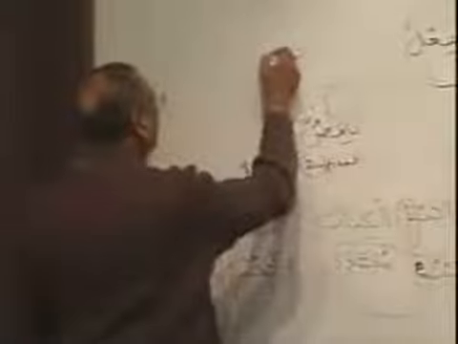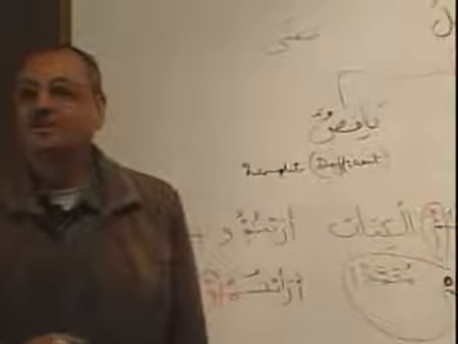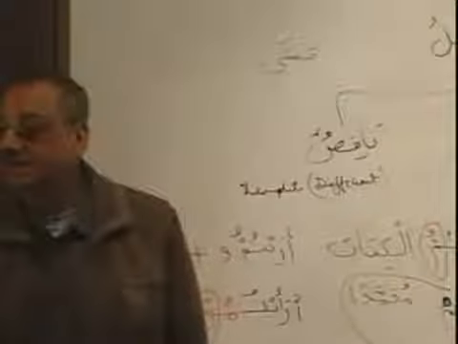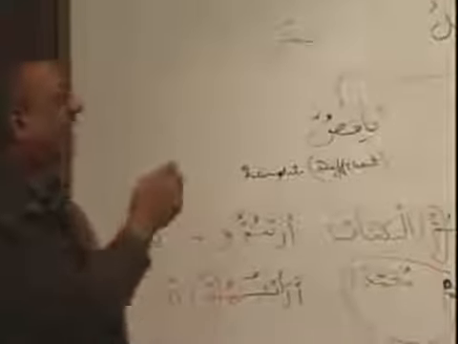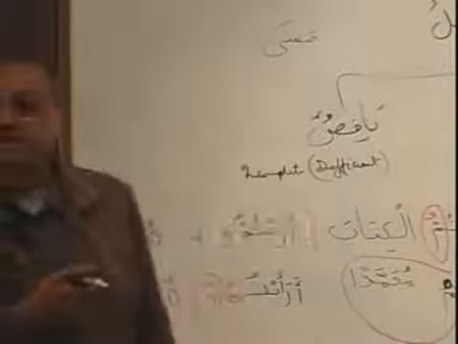Remember? I did write it down yesterday, I will write it down again today. Brothers and sisters, masha. What is the root? Mashaya. So that alif is actually ya. Okay?